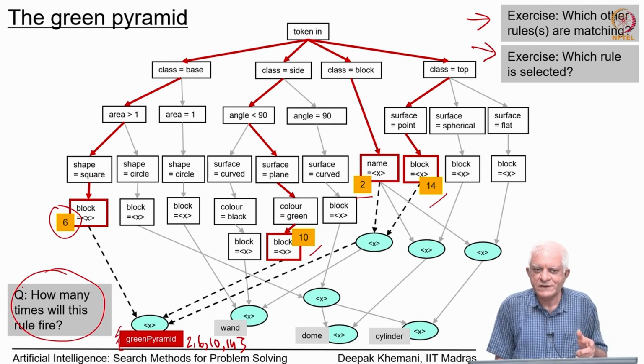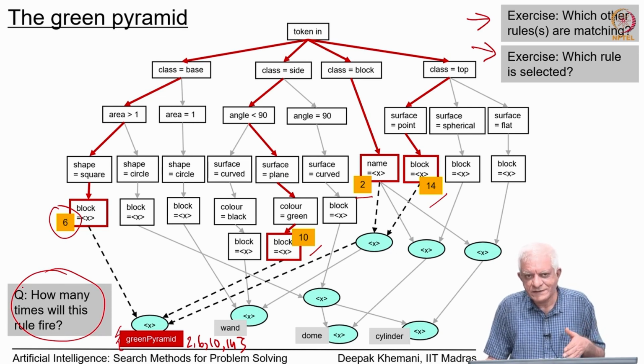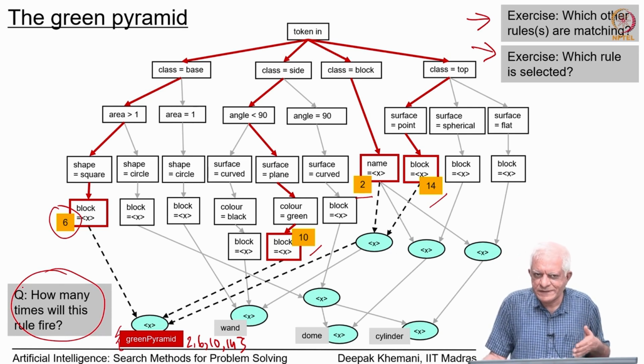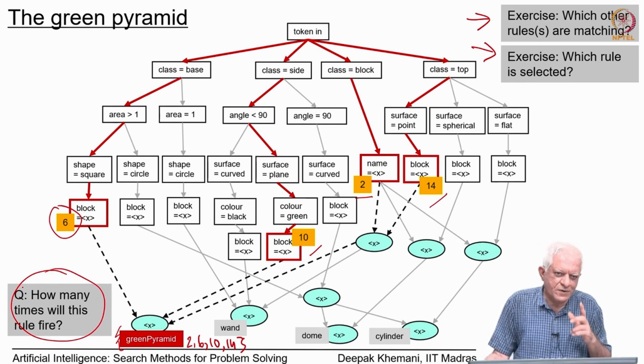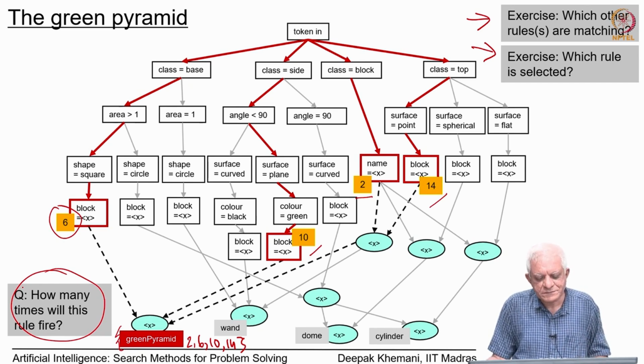Even after it is executed, it still matches, and it was selected the first time. Is there any reason why it should not be selected the second time? So, how many times will it fire? Think about this, and think about the property of refractoriness that we spoke about.